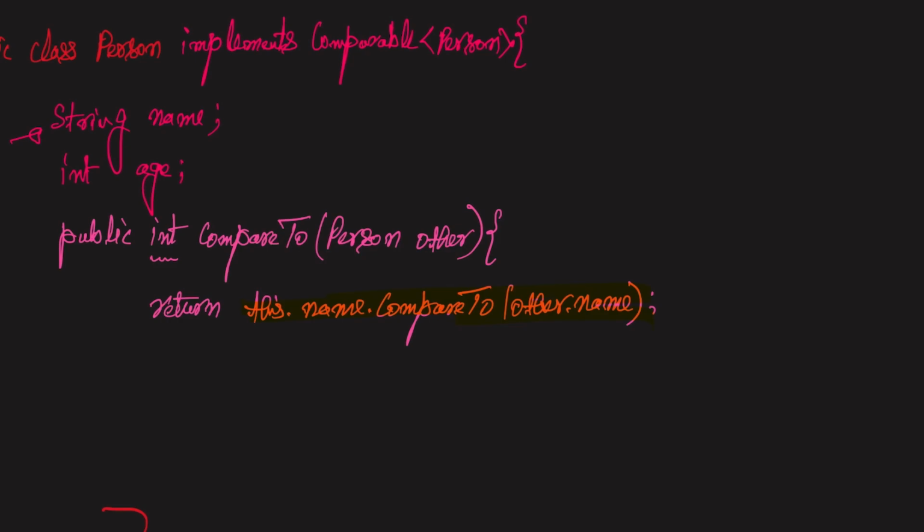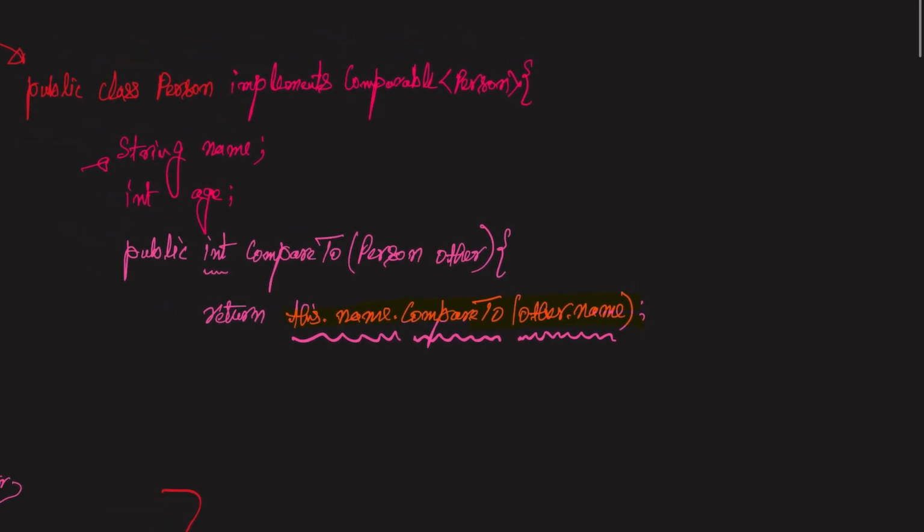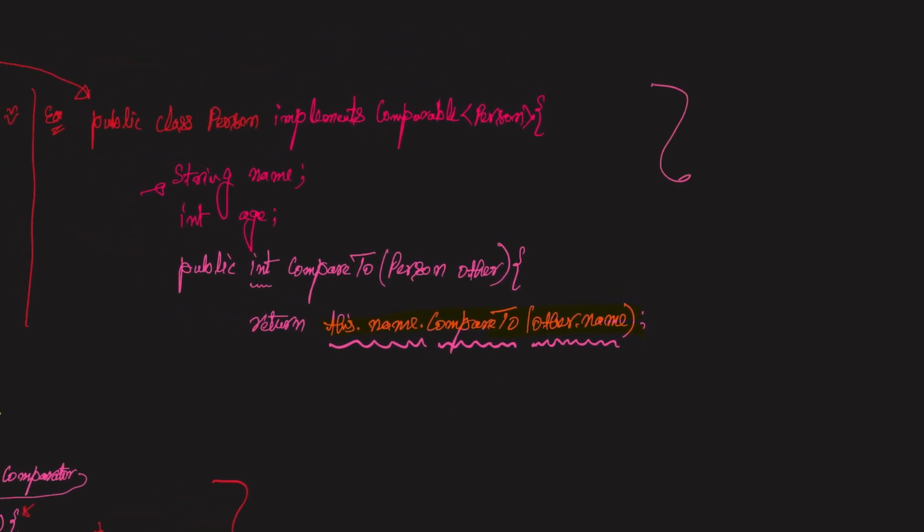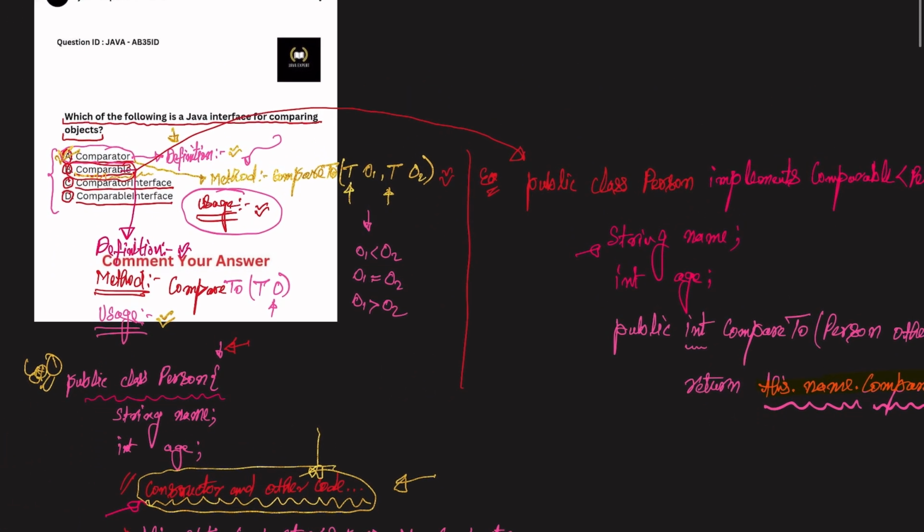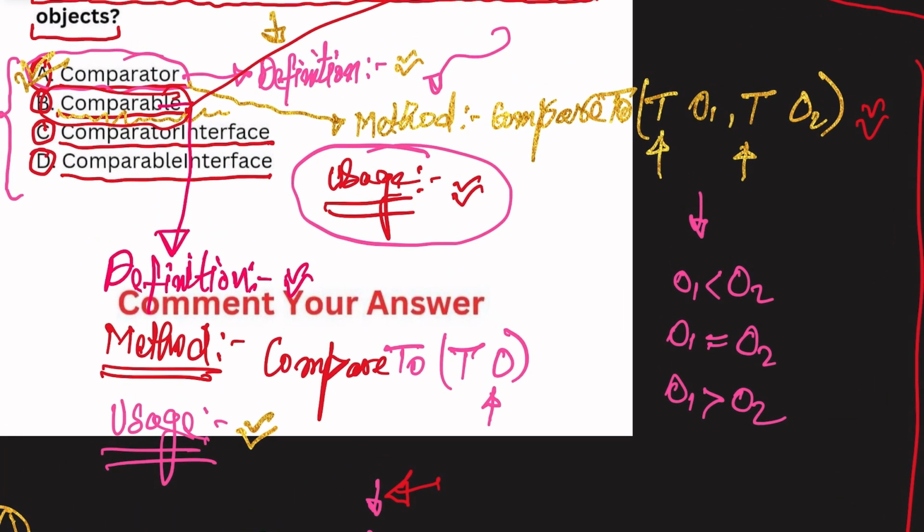Here we are comparing this.name with the compareTo method, and this is the other person's name. Yes, so this is the way which you can use to implement the comparable interface in your Java project. Okay, let me tell you about the B option. B option is correct.